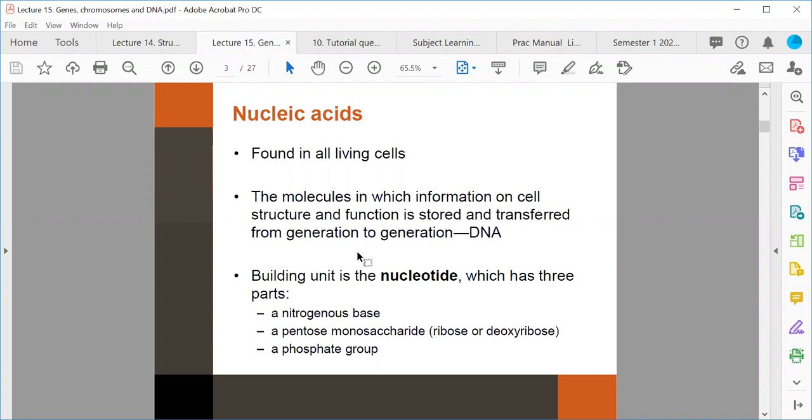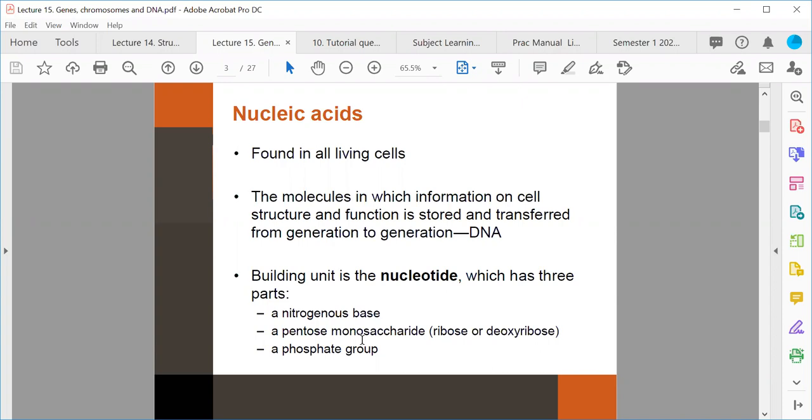That is the question. All right, we know the building unit of DNA and RNA, in fact, is the nucleotide. The nucleotide has three parts: a nitrogenous base, well, one of 5 different nitrogenous bases.